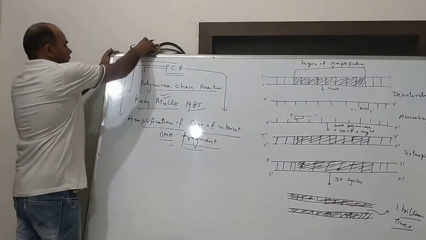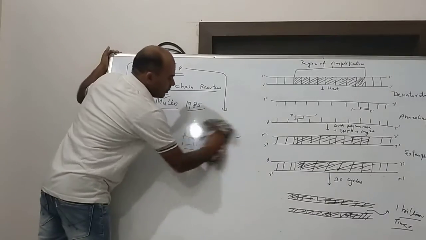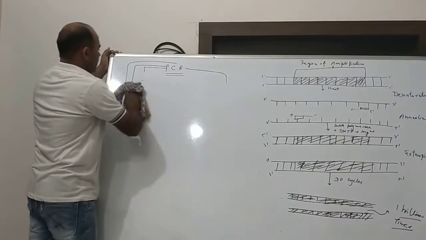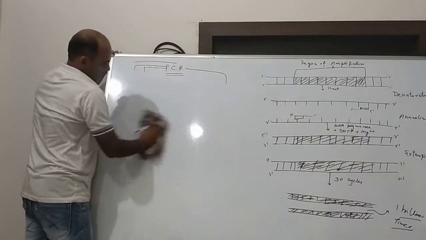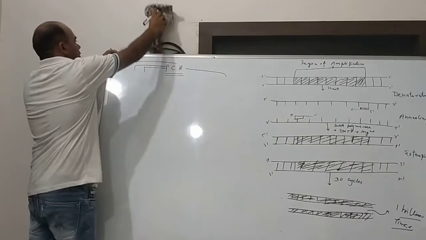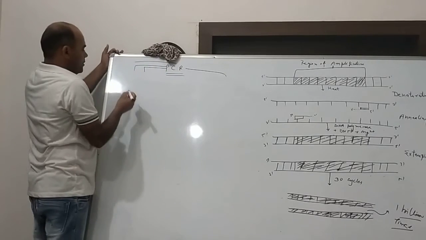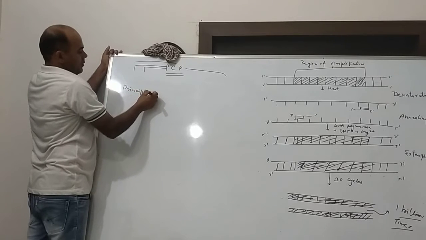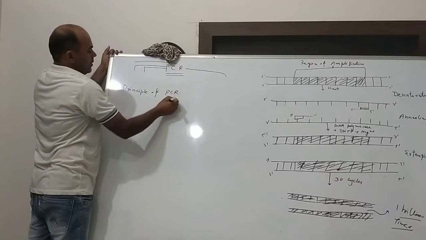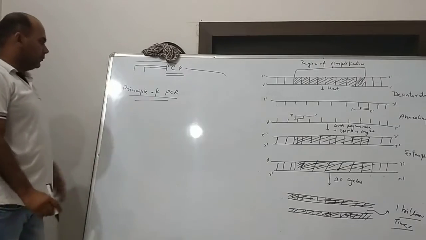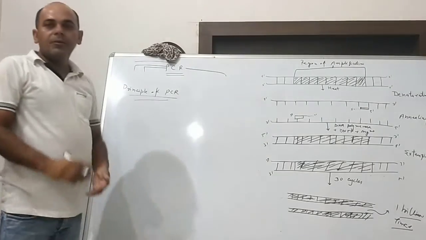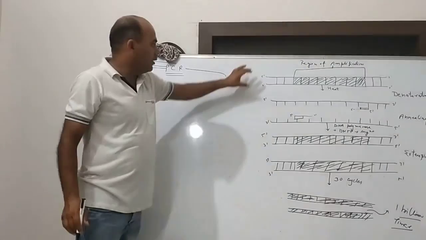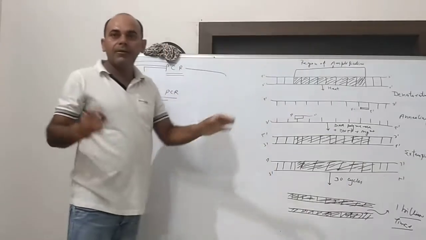Next, principle. What does the principle say? Very simple. Principle of PCR. The principle of PCR states that when temperature is given to double-stranded DNA, what will happen?